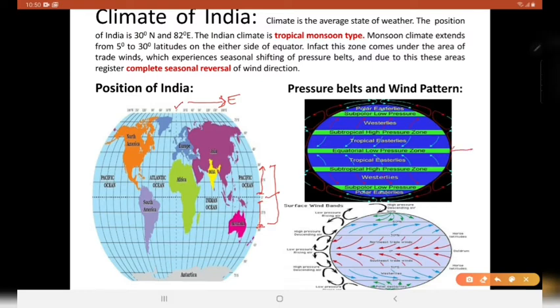This is the equator and the sun shines vertically on this, due to which the surface gets heated, and so the air begins to rise due to convection in the troposphere, creating a low pressure area at the ground, which is known as the equatorial low pressure zone.